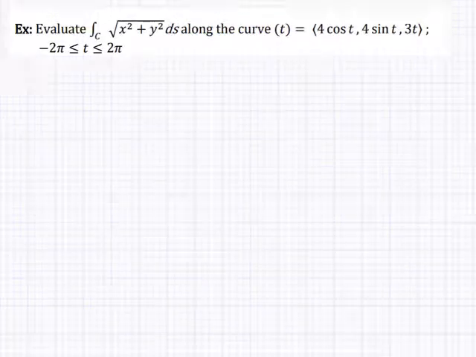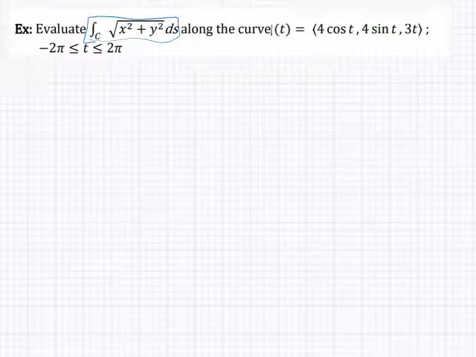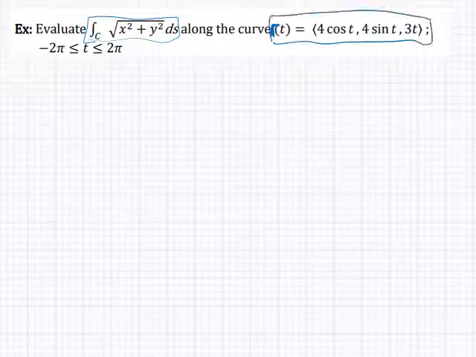So if we were going to integrate this function here over the curve, computing this scalar line integral, we would need the curve. This should have an r in front of it, r of t. So our curve is already parameterized as a vector valued function.